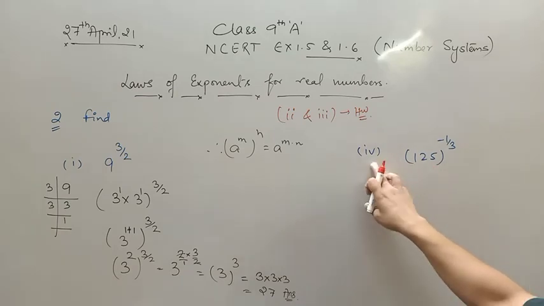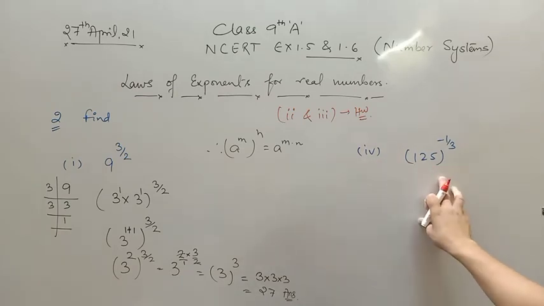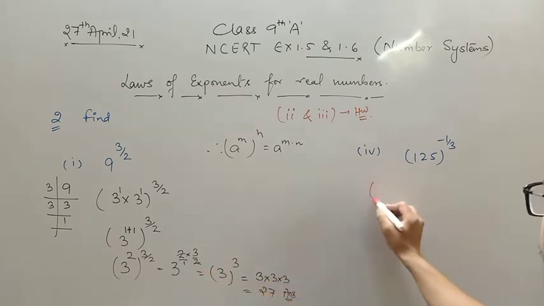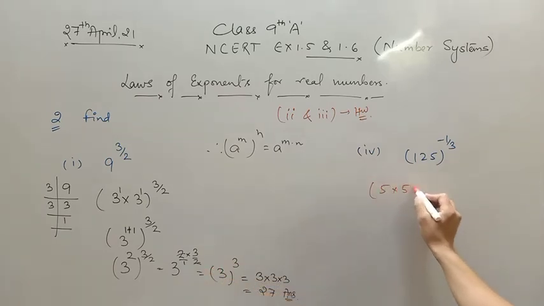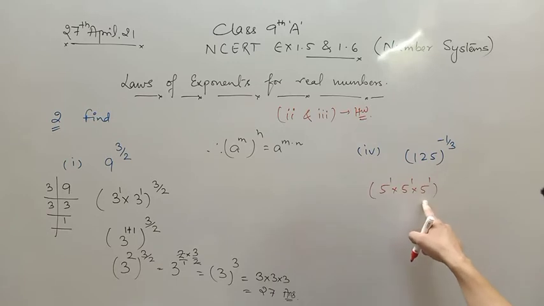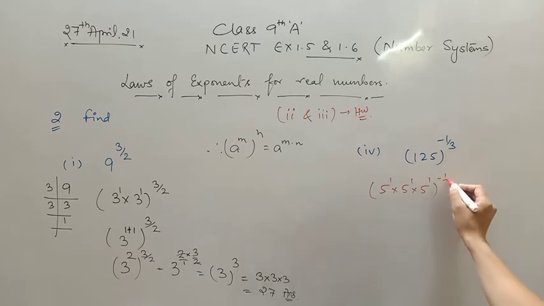Now the fourth part is 125 ki power minus 1 by 3. So as I have already told you that 125 can be factorized like this: 5 into 5 into 5. 5 5s are 25 and 25 5s are 125, ki power minus 1 upon 3.